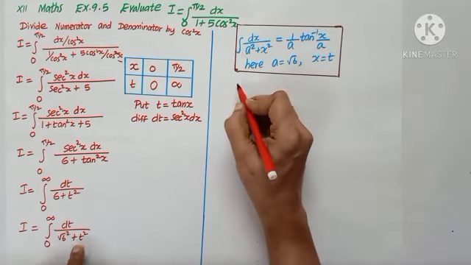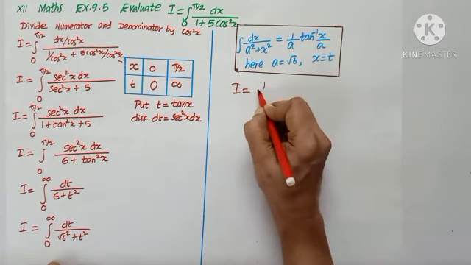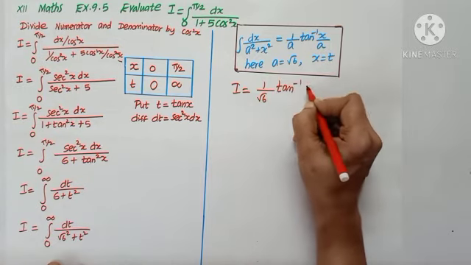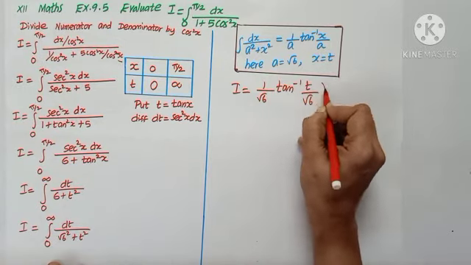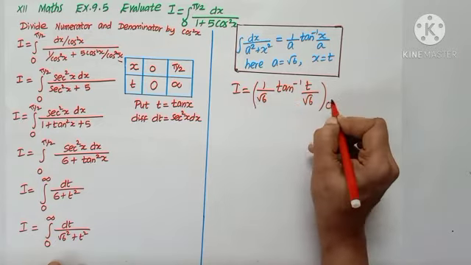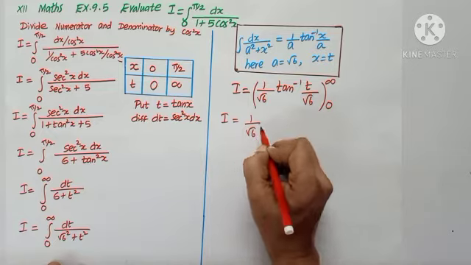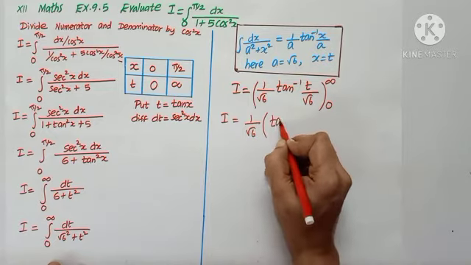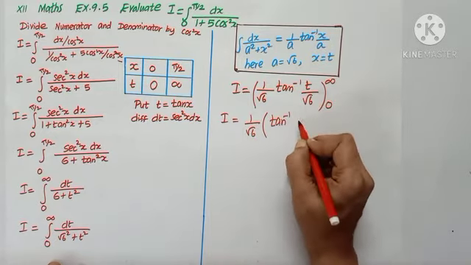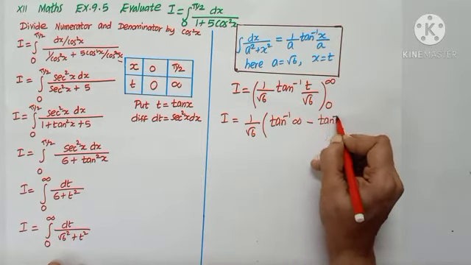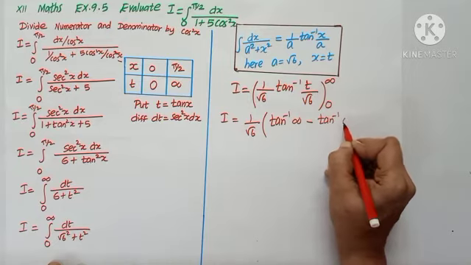Applying the formula, I is 1 by a tan inverse x by a between the limits 0 to infinity. 1 by root 6 into tan inverse infinity by root 6, which is infinity, minus tan inverse 0 by root 6, which is 0.